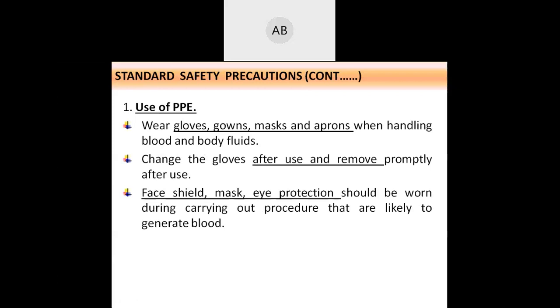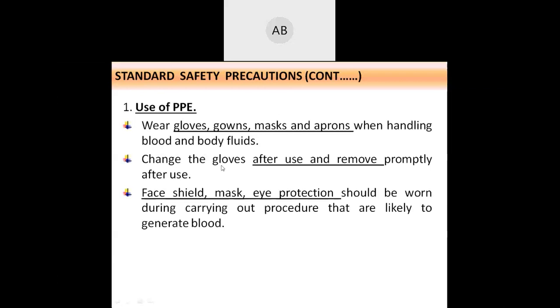Whenever they come in contact with blood or body fluids, the nurse has to wear this personal protective equipment. Once the equipment is soiled or torn, remove it immediately. Don't continue wearing it once it is soiled.